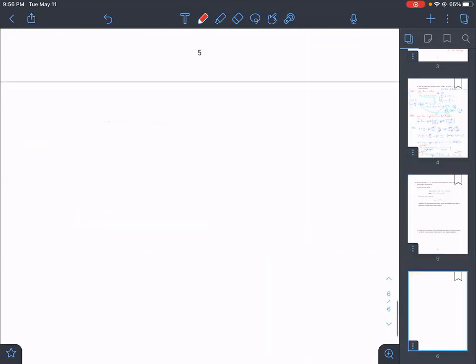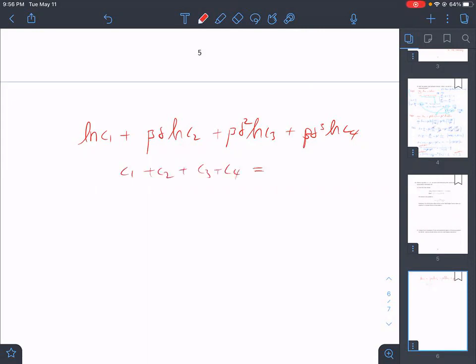A really simple way of solving this: suppose that I want to maximize something like log C1 plus beta delta log C2, plus beta delta squared log C3, and beta delta cubed log C4. So give me any number of periods. If you have log utility, with the constraint C1 plus C2 plus C3 plus C4 equals W. It doesn't have to be 1, it can be any number W.